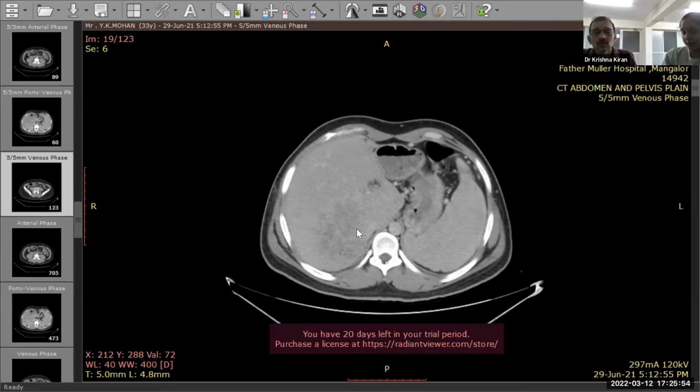So the final diagnosis was tubercular abscesses, and the patient was started on ATT. The patient has improved. This is a very unusual case of liver tuberculosis. Maybe there was an underlying infarct, we don't know, but on top of that he has an infection, most likely tuberculosis.